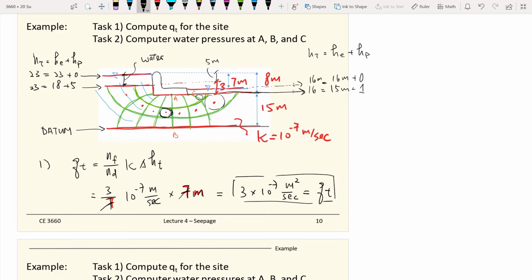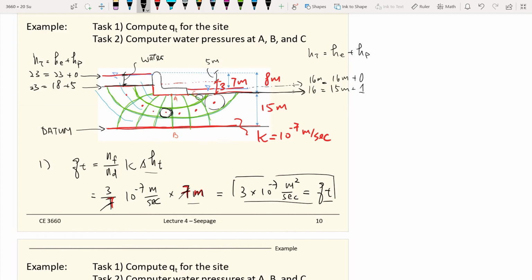So we know at this point it is 16 meters, and here it is 23 meters. Which means the total head difference right there is 7 meters. Same as the total head that we calculated before. So that should be 7 meters, which means from the point that we enter the soil from upstream to exiting the soil downstream, we lost 7 meters in total.